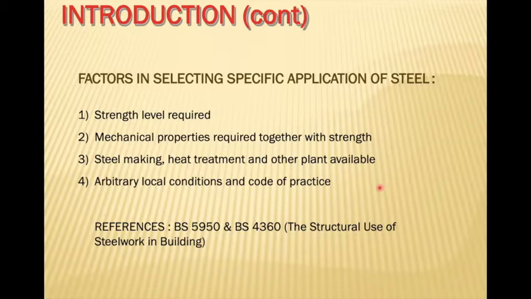We are also going to learn about the types of steel that we can use for civil engineering applications. These are the references that we can use for steel material, which are BS 5950 and also BS 4360, for the structural use of steelwork in building.